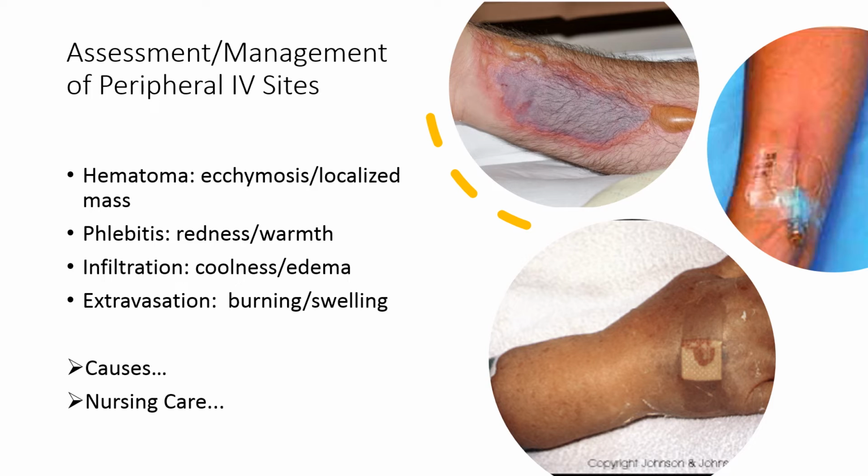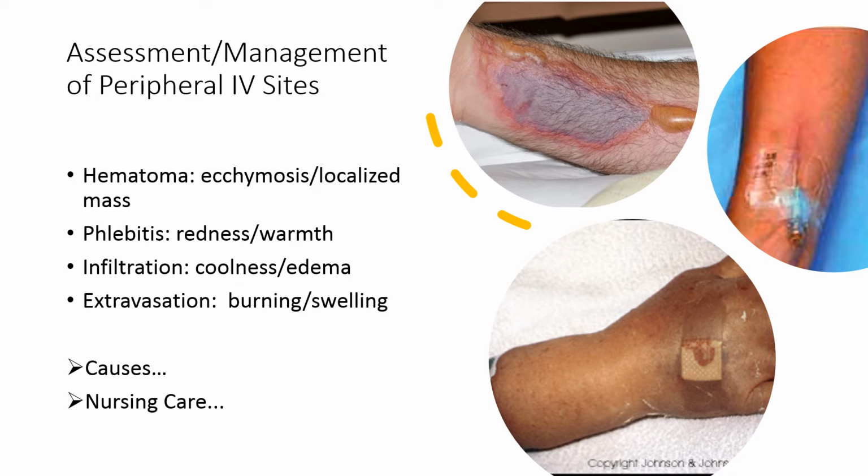When we look at the assessment and management of peripheral IV sites, our assessment is ongoing, and we know that things can change at any moment when IV solution is infusing. The first complication that we may see is a hematoma. To assess for a hematoma, we may see some ecchymosis, a localized mass, or some discomfort at that site.